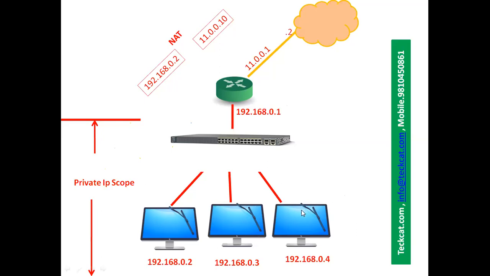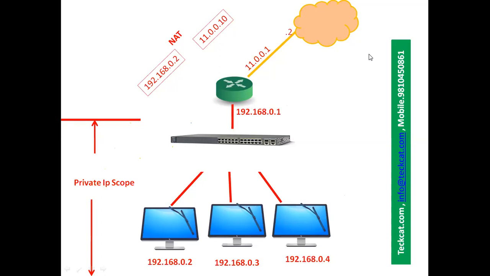Do you understand that there is a public sector and there's a private sector? Are you able to see the router that has the 11.0.0.1 IP address? That one is what we call the outside internet, the WAN interface.